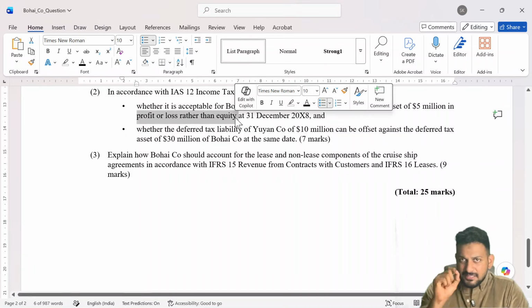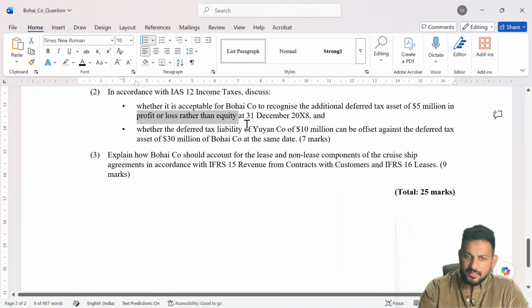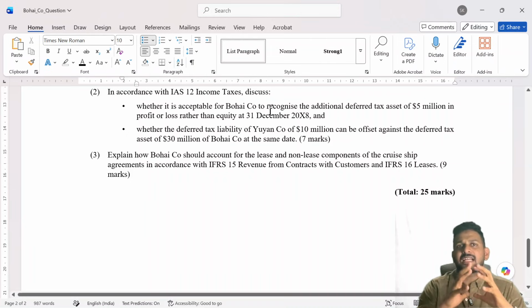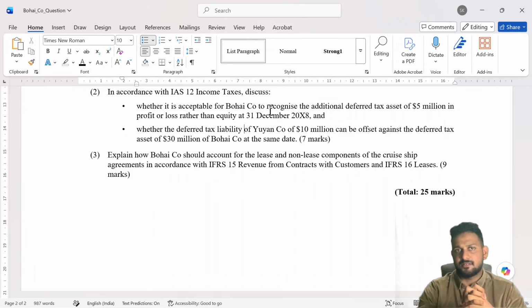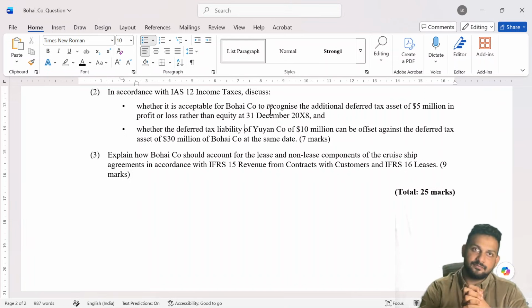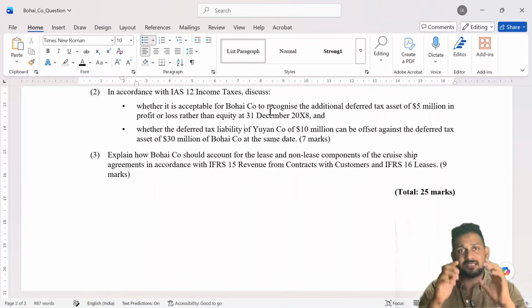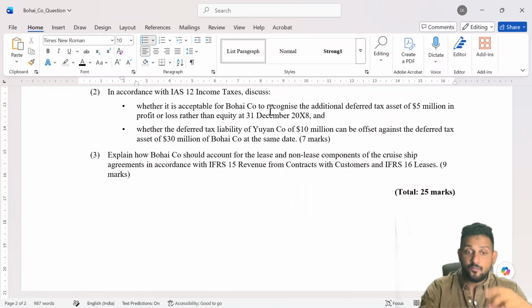So let's discuss a situation when we will record the deferred tax asset or deferred tax liability directly to equity rather than SOPL or OCI. When will we recognize the deferred tax directly to equity, what are the cases?